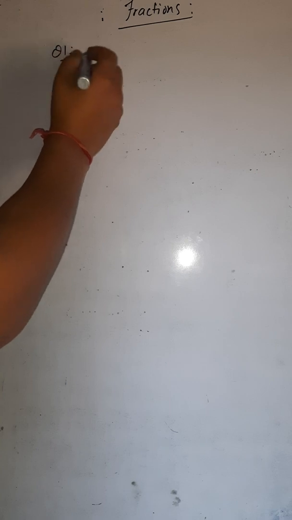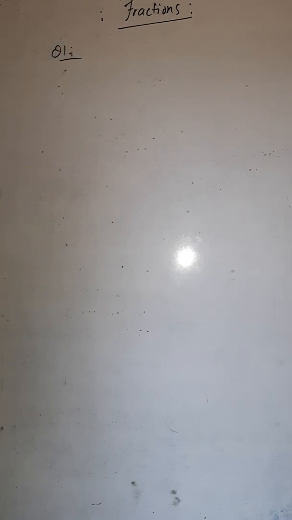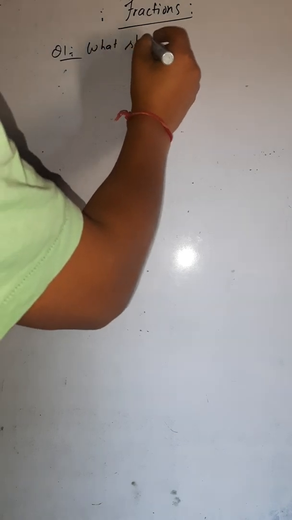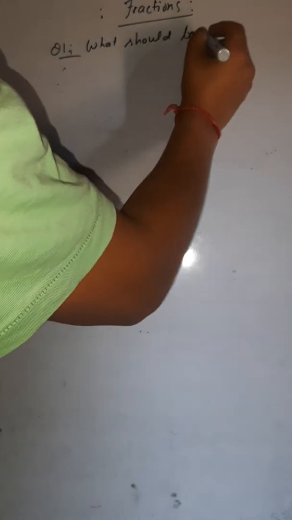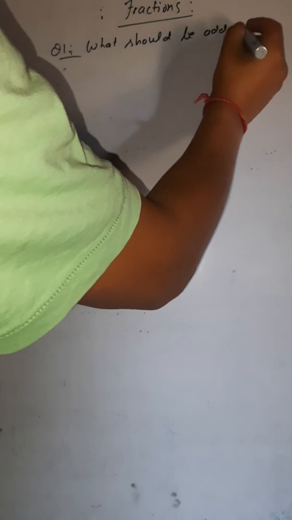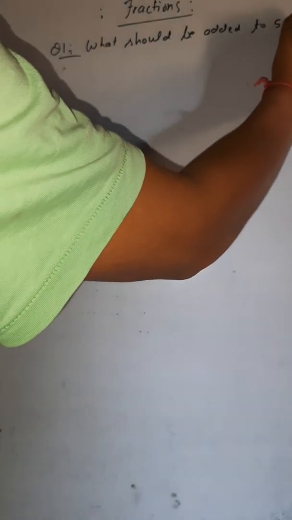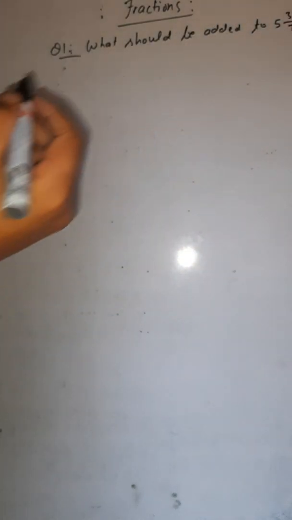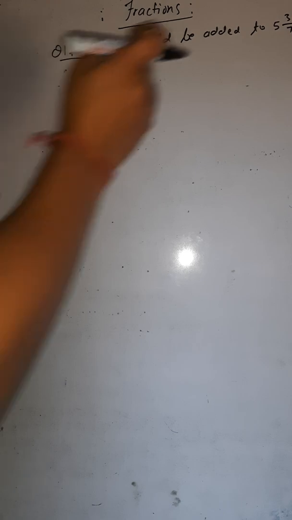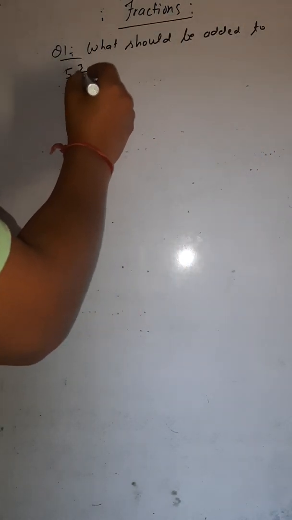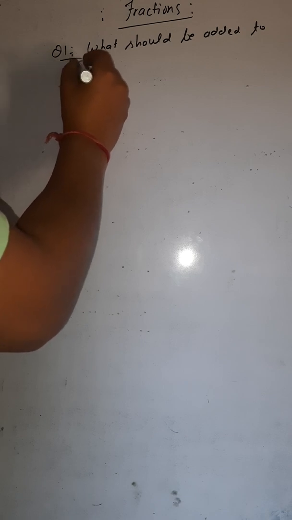Question number 1 for today is, what should be added to 5 whole 3 by 7? I think it is not visible, so let me write it here. 5 whole 3 by 7.